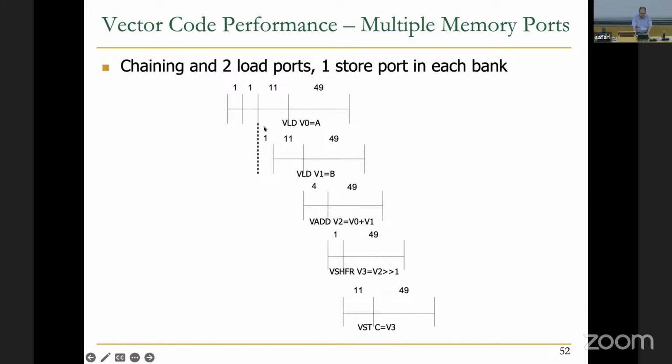This is the first load, and then just 1 cycle after that, you can start the second load, and so on and so forth. With this architecture, you're going to end up having 79 cycles, which is around 19 times performance improvement. But we also add a lot of hardware complexity for this example. Any questions?